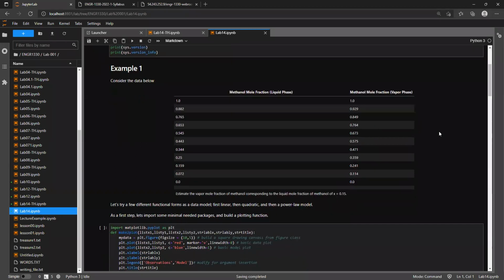Methanol is in one form of matter, which is liquid, and either through change of temperature or pressure, we're going to turn it into a vapor. With the change occurring from liquid to vapor, we're going to measure the fraction of methanol in the solution.